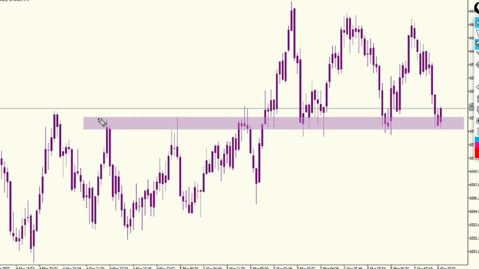So let me show you how this works. Once we have this zone right here, which we have tested, let's say 2 times, and then broken, and then the market is coming back into that zone, or once we have a zone which the market has moved into and then moved a bit far from on the first time, and then the market is coming back into that zone right here, it's that zone which is also called the optimum trading zone.